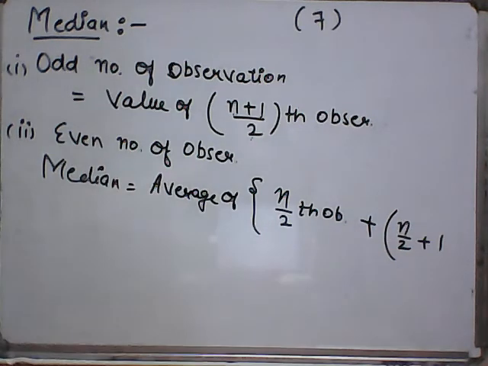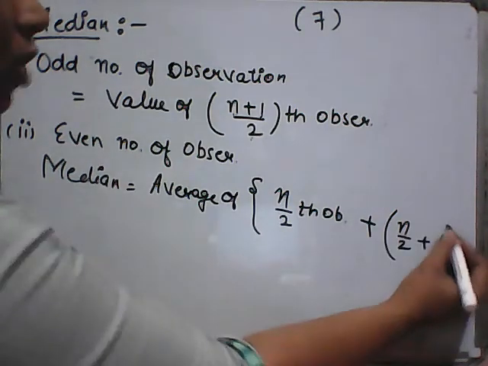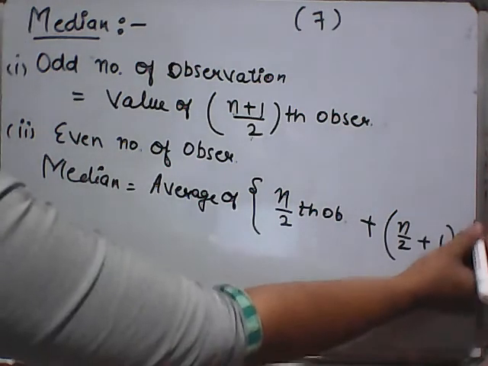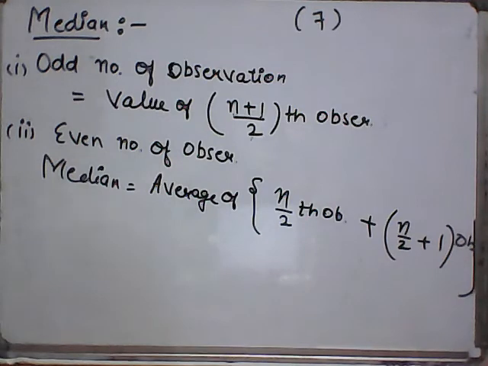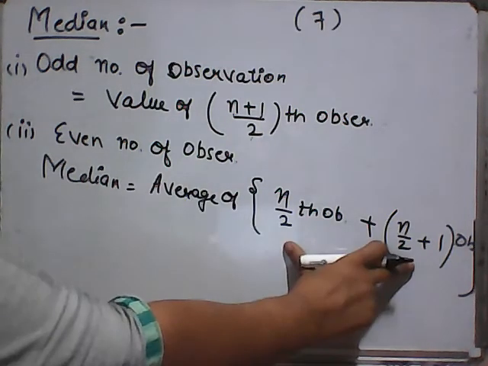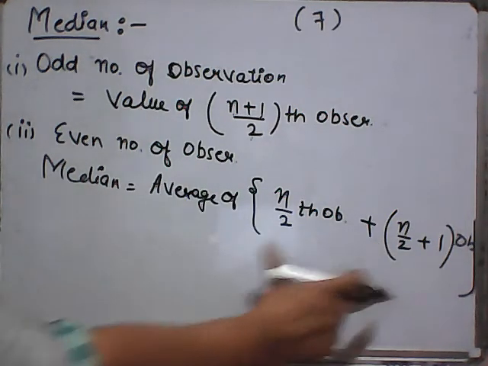It is not n plus 1 by 2. It is n by 2 plus 1th observation. Average means you have to add these two observations and divide by 2.